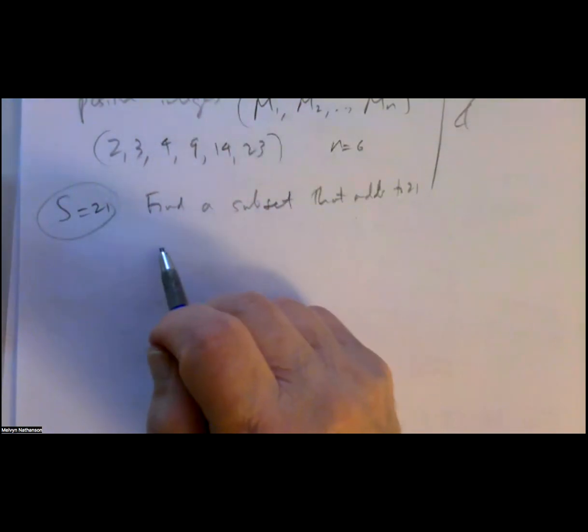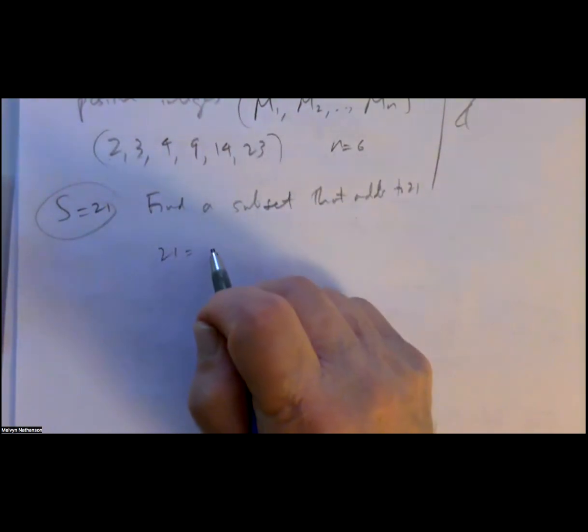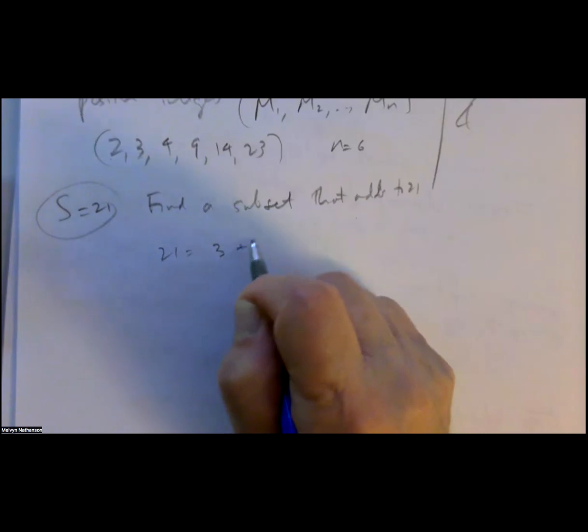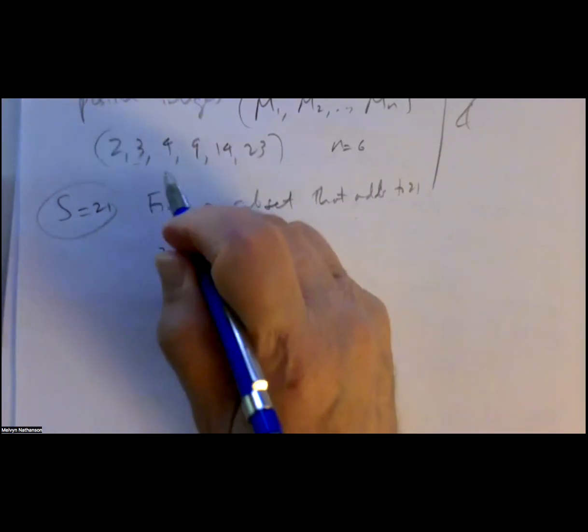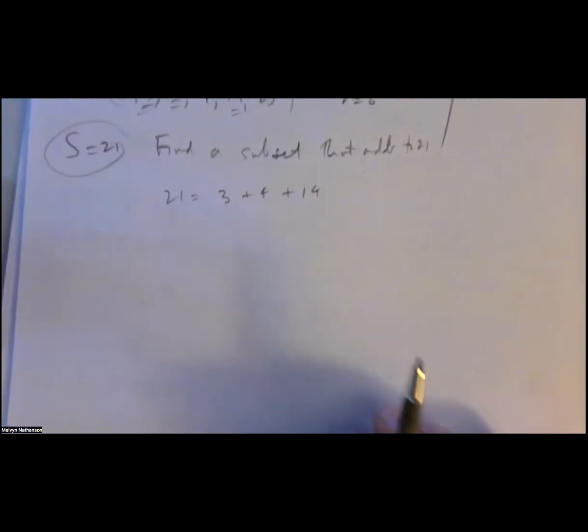So 21 is 3 plus 4 plus 14. I could take this sum.